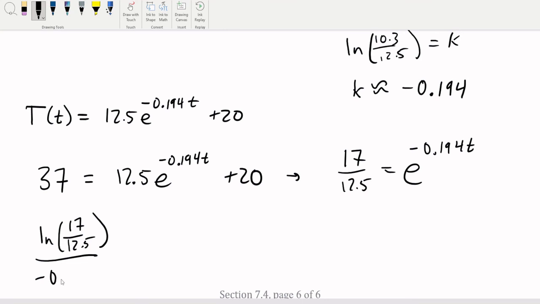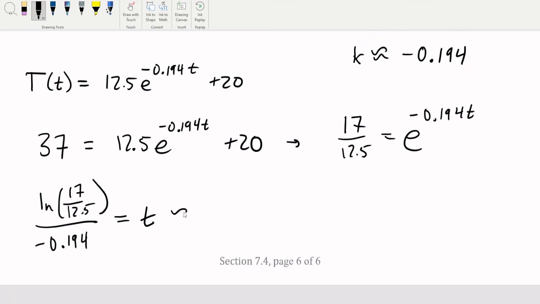I'm doing this a little quicker because we've done this a few times now. That's going to be t. So let's plug that in. Log of 17 divided by 12.5, divided by negative 0.194. And that's going to give me about negative 1.58 hours.